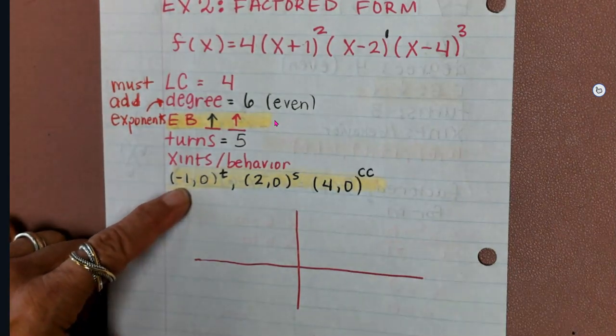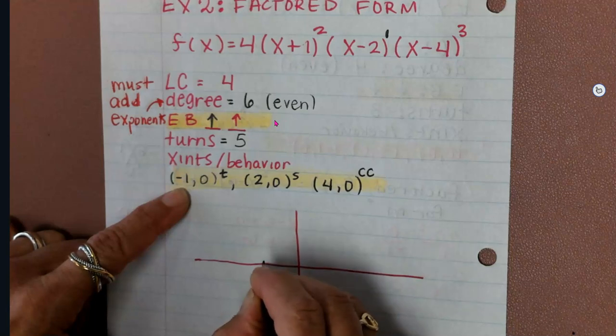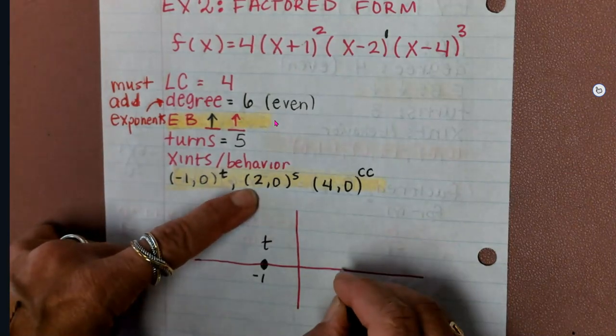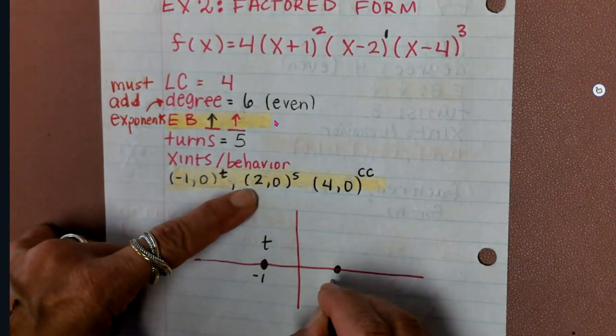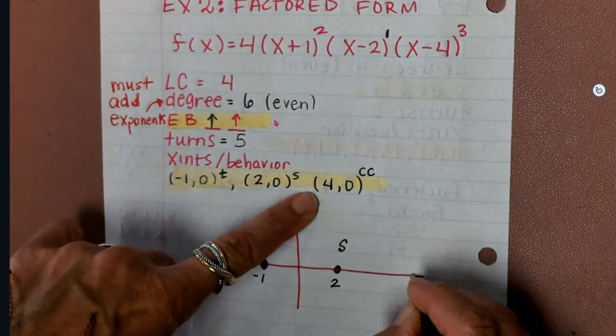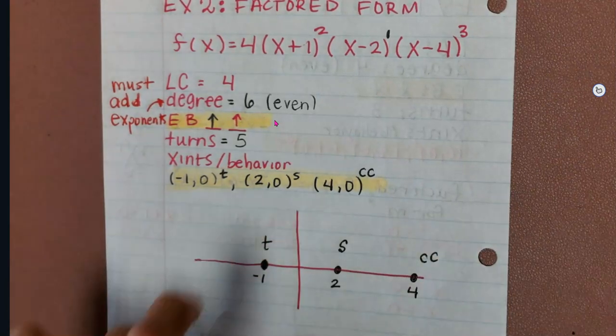So I have negative 1, 0 with tangent. I have positive 2, 0 with straight through. And then I have 4, 0 with a change in concavity.